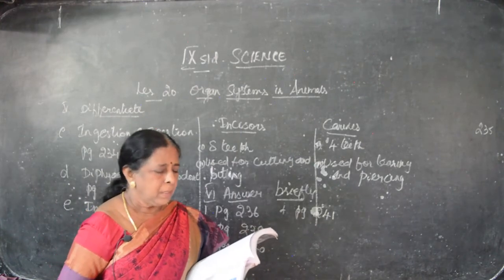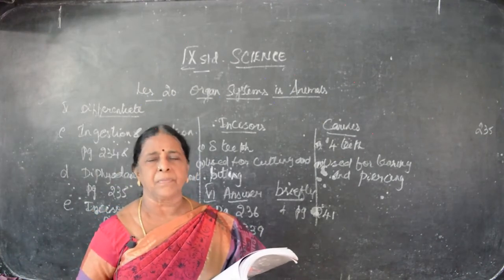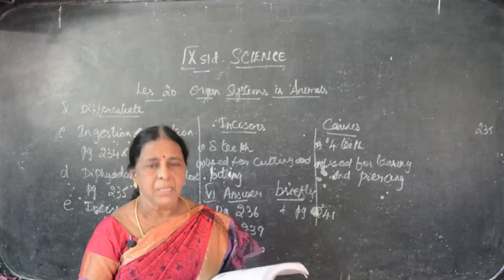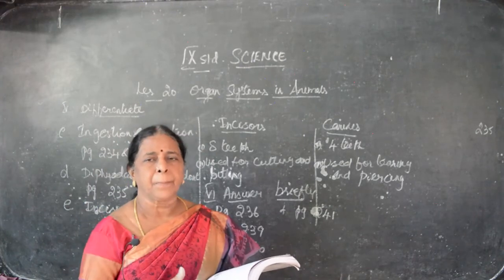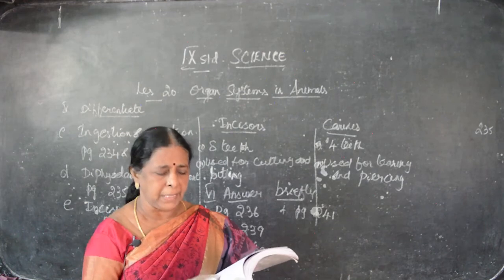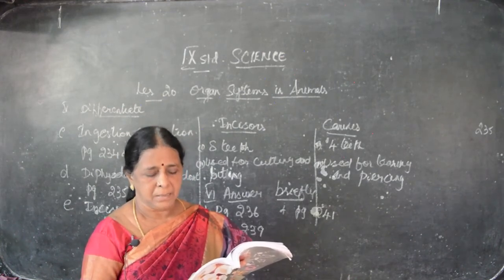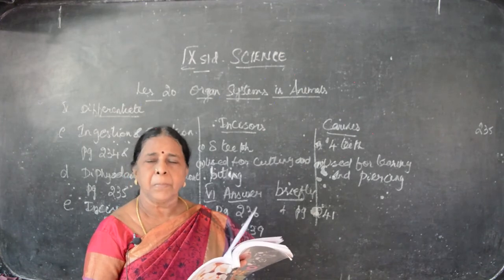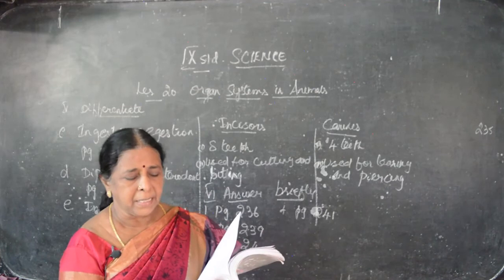Here, page number 241, first side, first paragraph. That is, the nephron diagram is there, no? Above the diagram, second line, last. Look above the diagram. Second line.